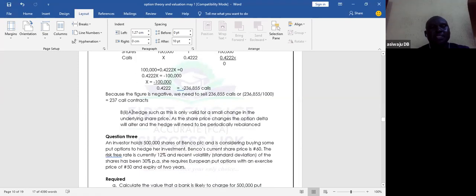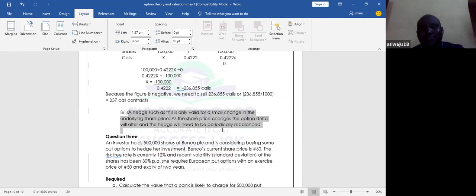A hedge such as this is only valid for a small change in the underlying share price. As the share price changes, the option delta will alter and the hedge will need to be periodically rebalanced.